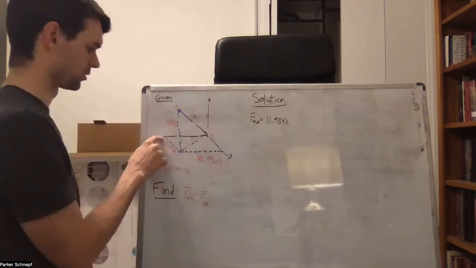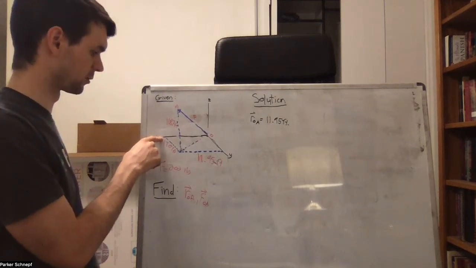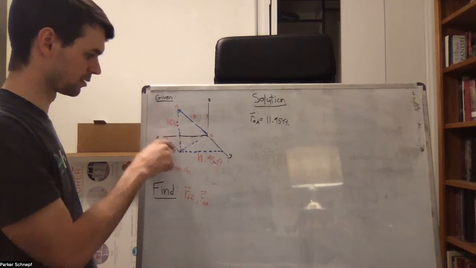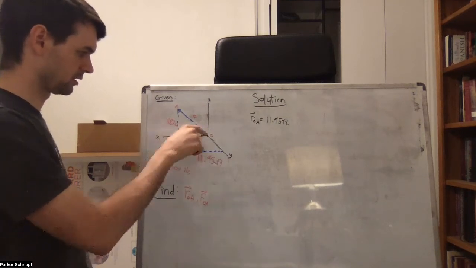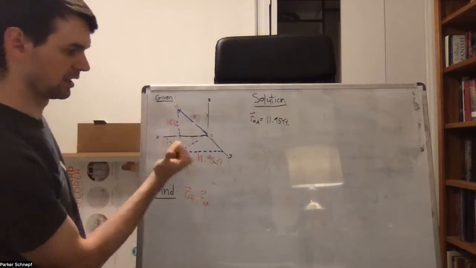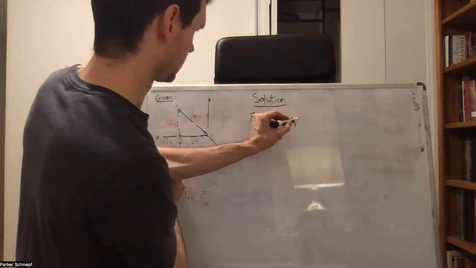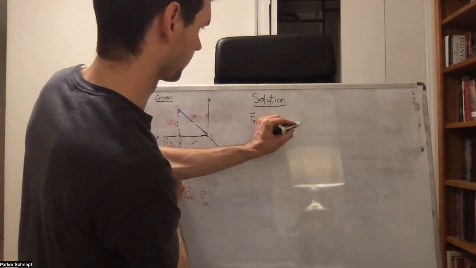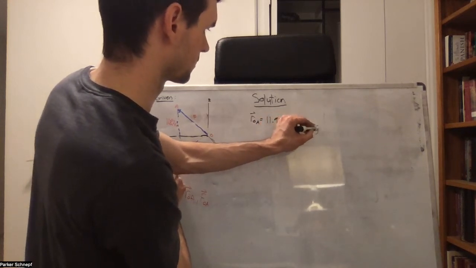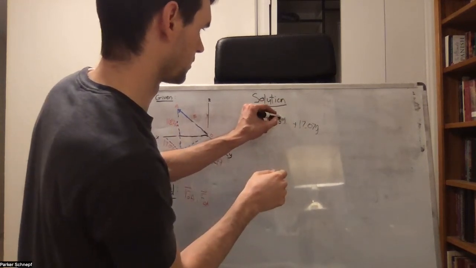Okay, now that I'm here, I'm going to walk in the y direction towards the end of my vector. I'm going to walk this way, 17.07 feet, and that is in the positive y direction. So that's plus 17.07 in the y direction.